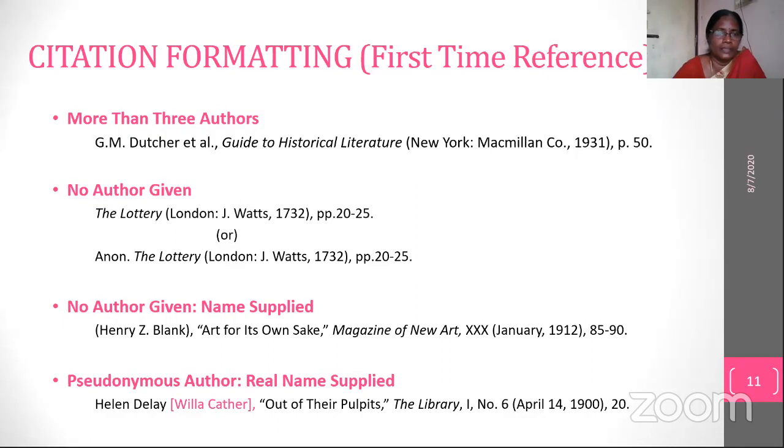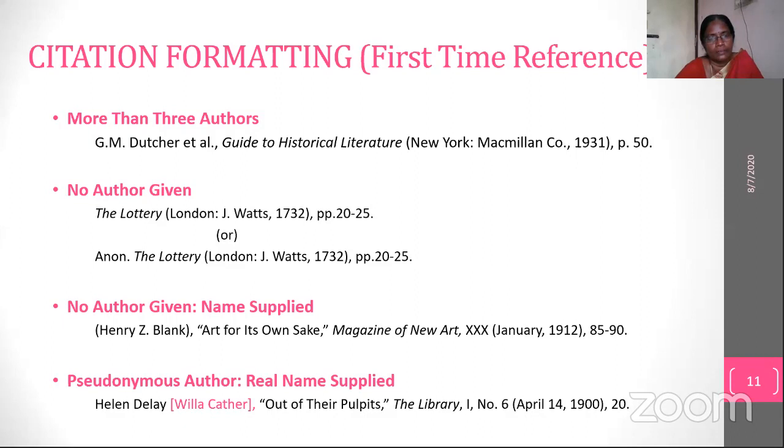And another option is there. Suppose the name of the author is not available. It is impossible to locate or identify the name. You have to write anon, meaning anonymous. Author is not known.